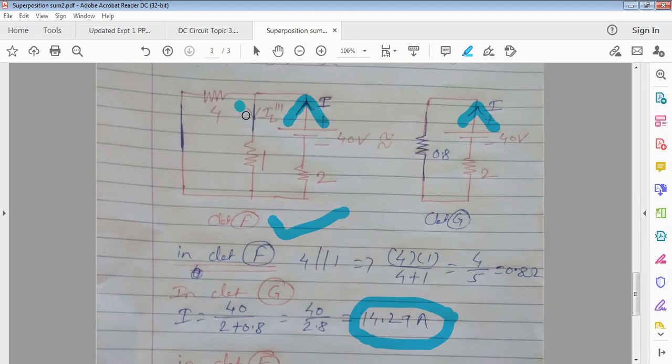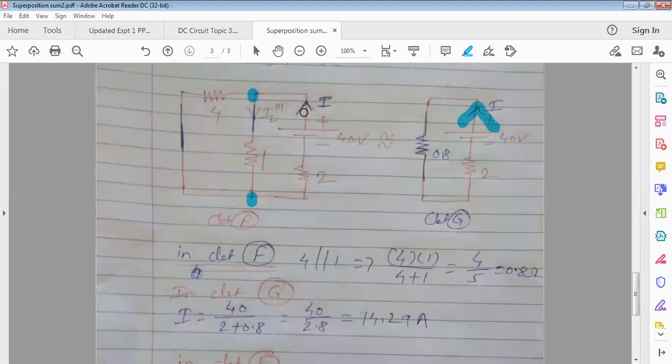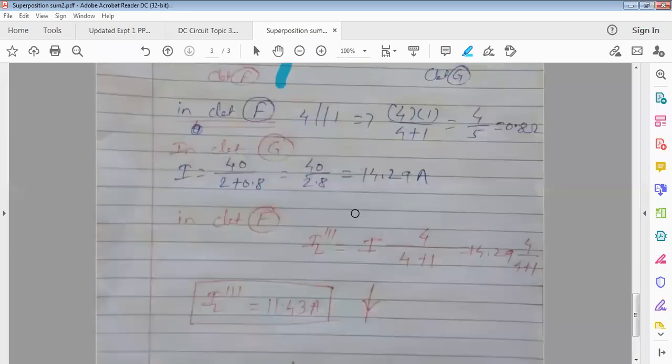We want IL triple dash. Again the same thing. See, 4 and 1 are connected in parallel between node A and B. Total current entering is 14.29, and leaving also, at nodes A and B. So what can we use to find IL triple dash? Current division rule. Again the same thing, current division rule. Total current is 14.29.